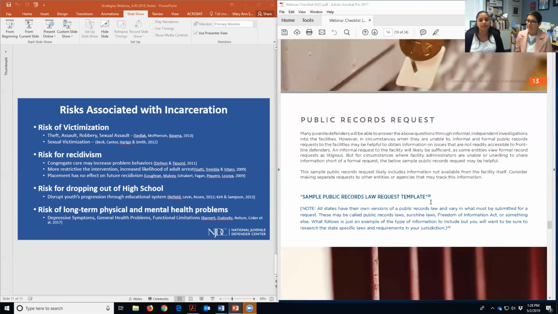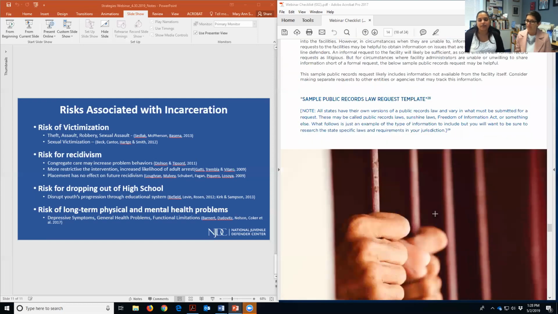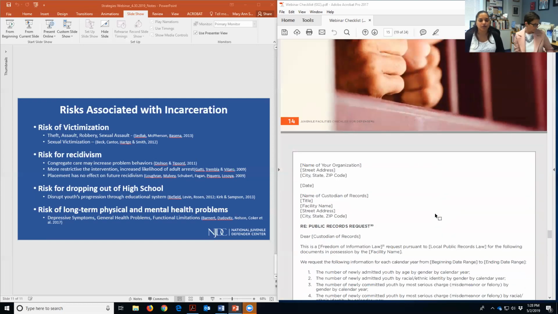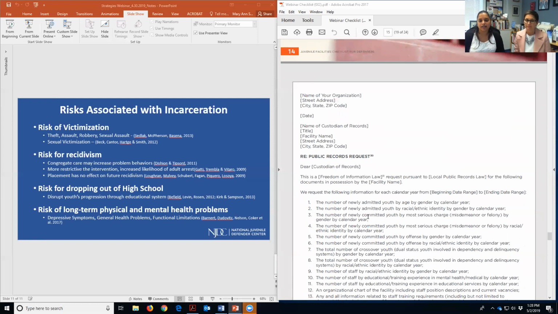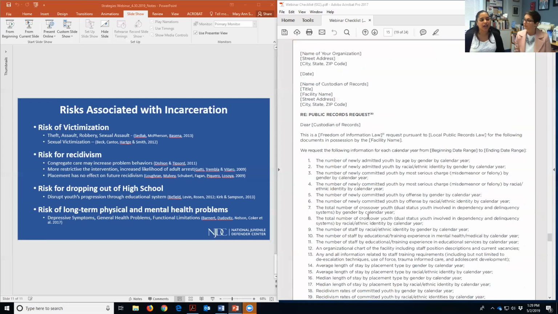So we do include citations to a website that provides information on what the public records law is for your individual jurisdictions. We also include a sample public records request form, so a sample FOIA request, where we provide information on the different categories of information that you can receive from facilities or from the organizations that are in charge of monitoring or overseeing those facilities.